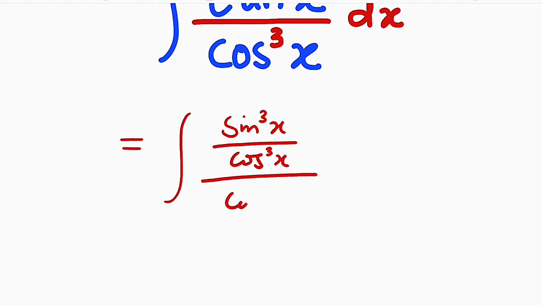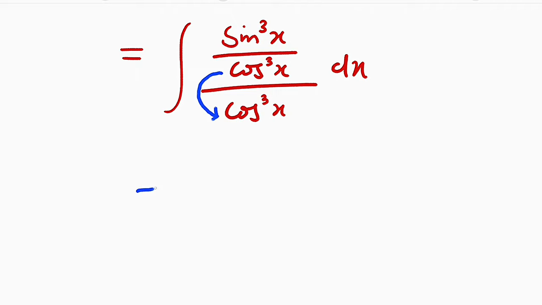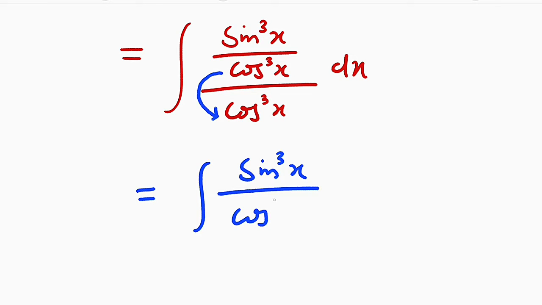So we divide by cos cubed of x with respect to x, and this cos cube of x will drop down to multiply this other cos cube of x. So this is equal to the integral of sine cubed of x divided by cosine 6 of x. According to one of the laws of indices, if you multiply them, it's like adding the two exponents together, dx.